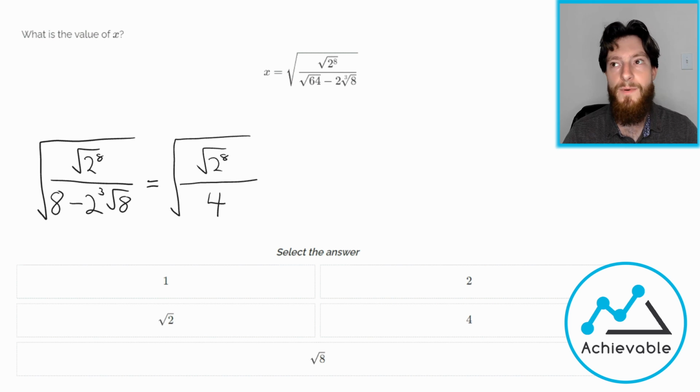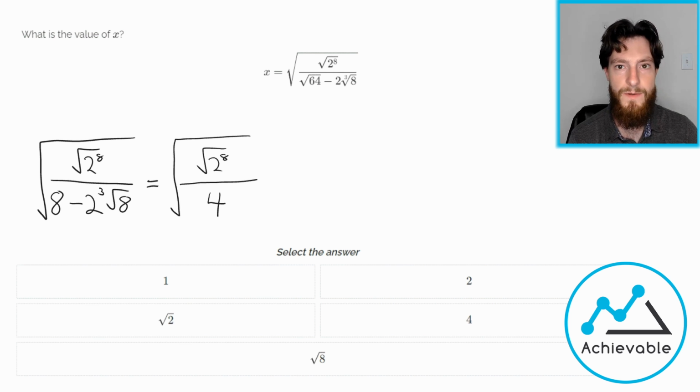You could think to yourself, well, 2 to the 4th power times 2 to the 4th power is obviously 2 to the 8th power because you add exponents when you multiply two numbers with the same base and different exponents. So 2 to the 4th times 2 to the 4th is just 4 plus 4 equals 8. So the square root of 2 to the 8 must be half of 8. Or the exponent must be half of 8.